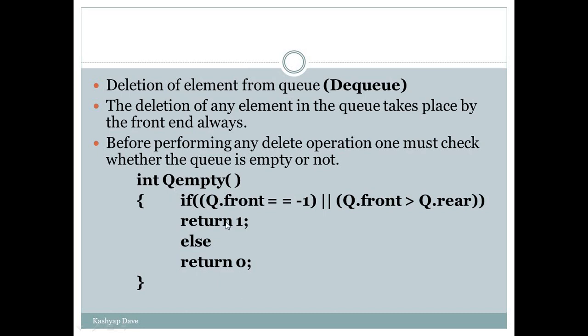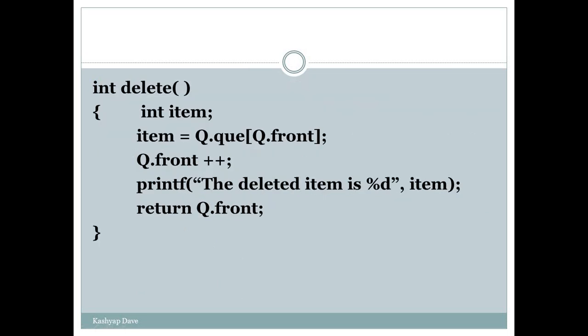So we will return 1, means our queue is empty. After checking that condition, we can perform our dequeue operation. In it, we have taken an item. Queue dot front will be saved into this item, and we will do front plus plus, means our deletion operation, and after performing deletion operation, we will print the deleted item here. Okay, so this is a dequeue operation.